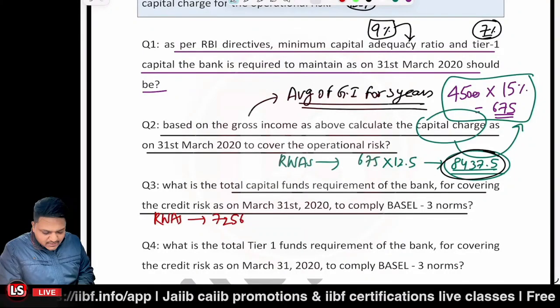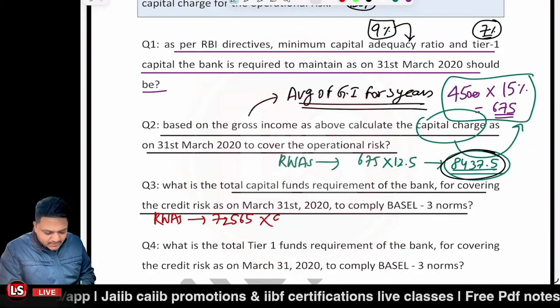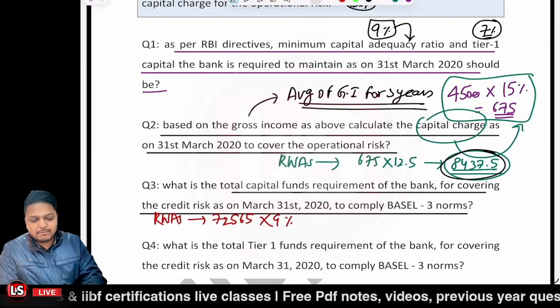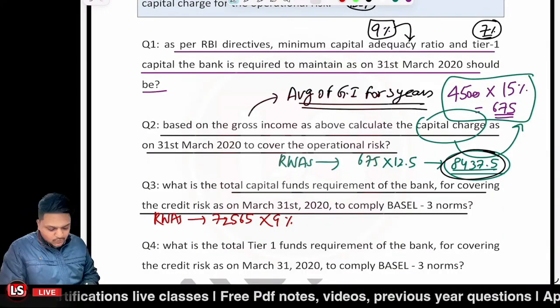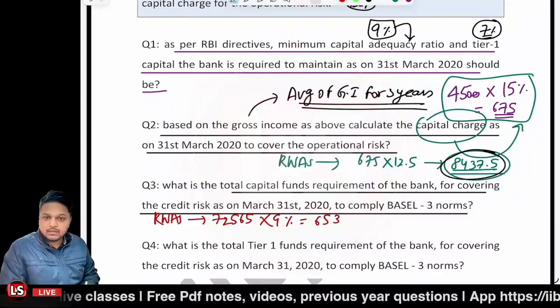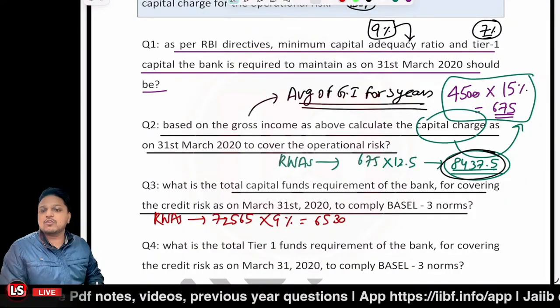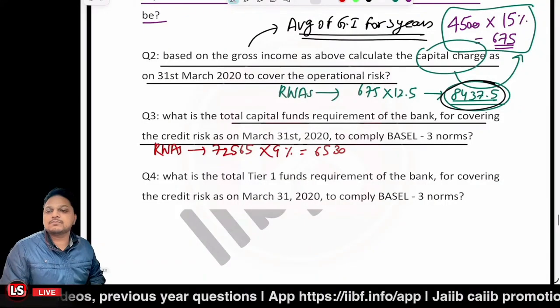And a minimum of 9% capital adequacy ratio is to be maintained. So 72565 multiplied by 9% is 6530. So the total capital funds required to be maintained for the credit risk would be 6530 crores.